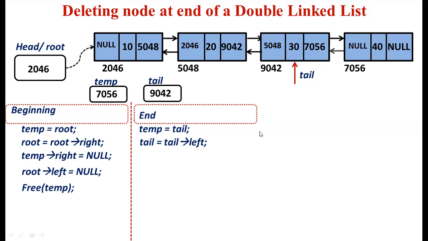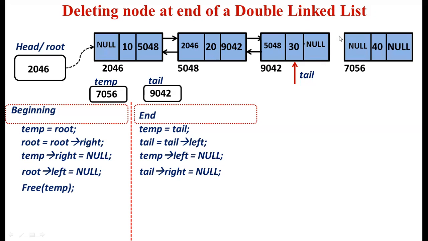So temp to left is equal to null. Now we are writing temp to left is equal to null. So this value became null. Now this connection also we have to disconnect. What is this? This is the tail to right value. So we have to place the null value in the tail to right. So tail to right is equal to null. So this will become null. So this connection also we will lose.